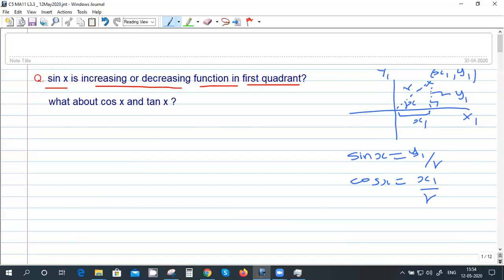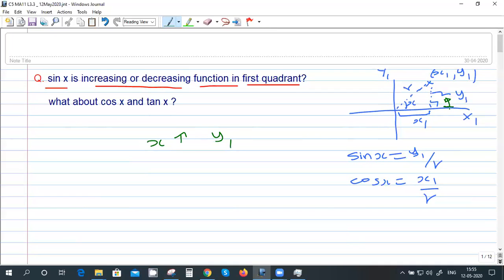So when you increase x, you'll move in this direction. Along this direction, y1 will increase or decrease? As the angle x increases, is y1 going to increase or decrease? It will not stay the same if x increases.